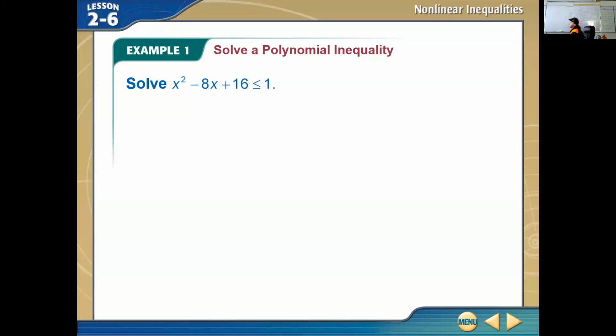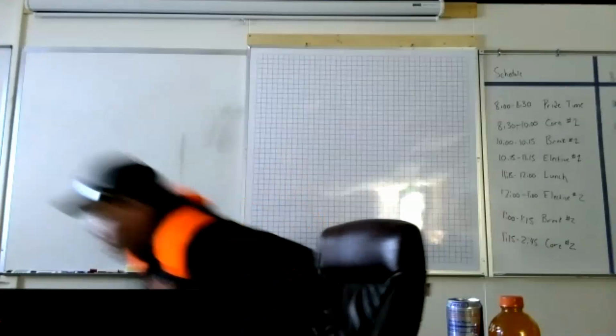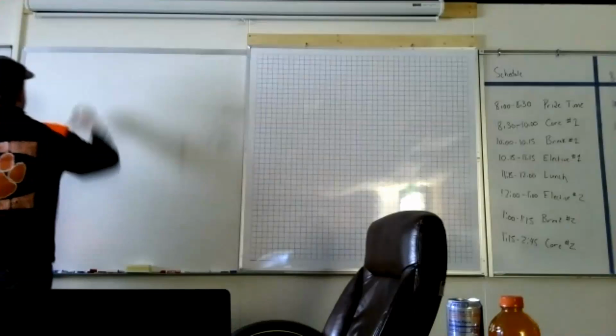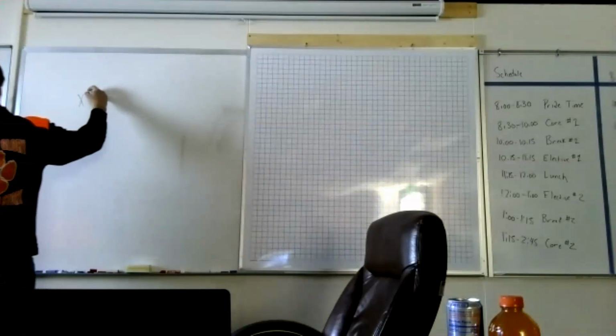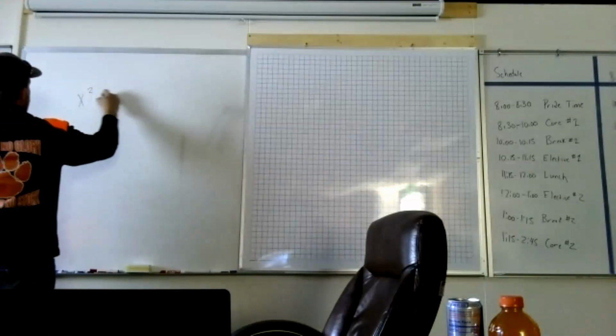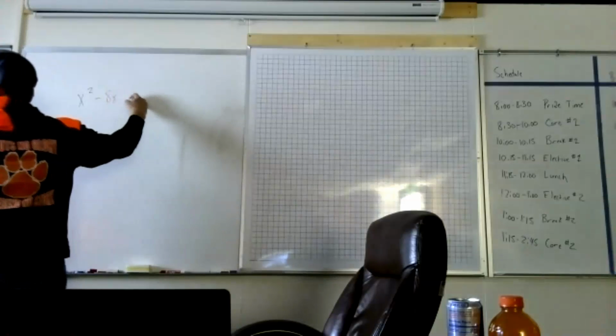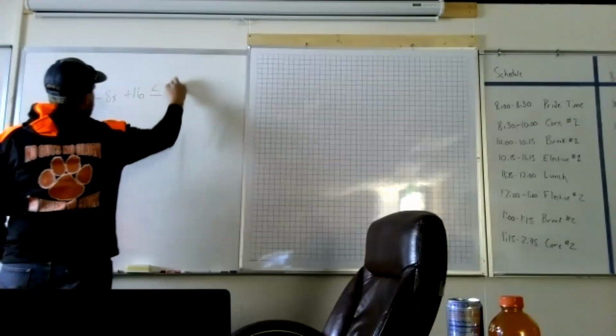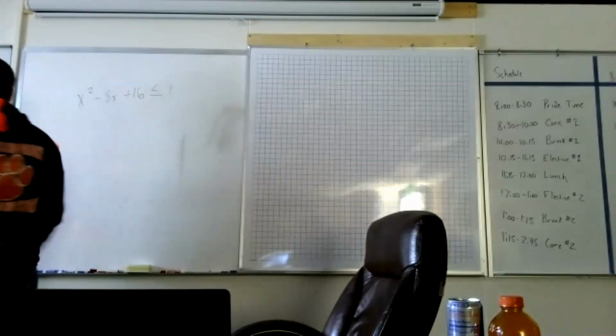The way that we're going to do that is we're going to isolate. We're going to bring that 1 over to the other side. So we have x squared minus 8x plus 16 is less than or equal to 1.